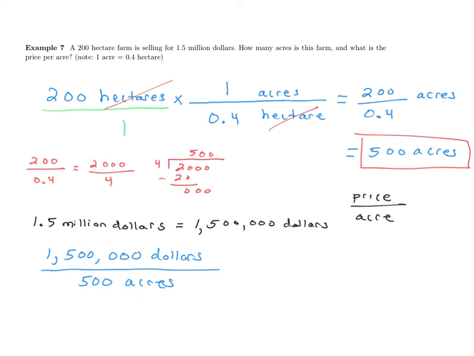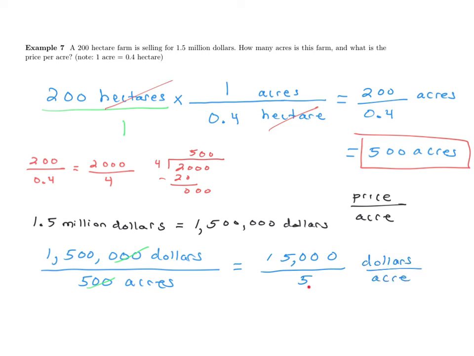But if you don't want to use a calculator, let's see, we can cancel those two zeros with those two. So this is equivalent to 15,000 divided by 5. And at this point, we can think of the units as their own fraction. That is dollars per acre.